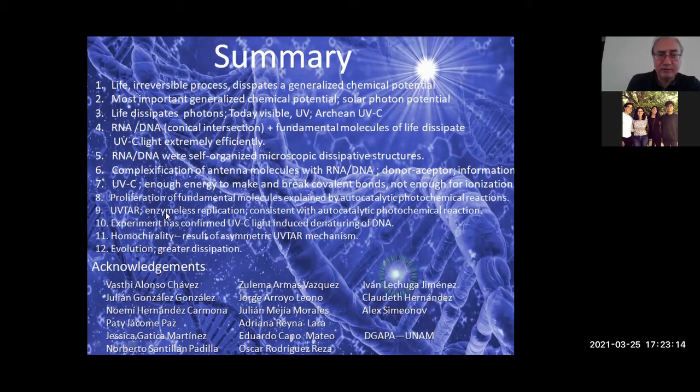So we have done an experiment which is confirmed. UVC light-induced denaturing occurs for DNA, and we have given a plausible explanation of the homochirality, which arises because of the asymmetry in this ultraviolet and temperature-assisted replication mechanism, this UV-TAR mechanism.